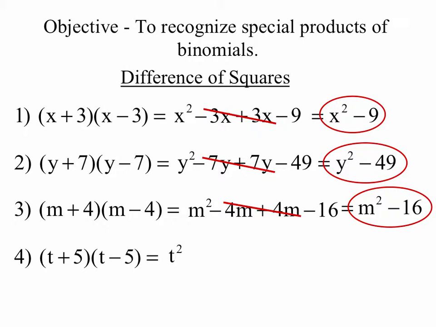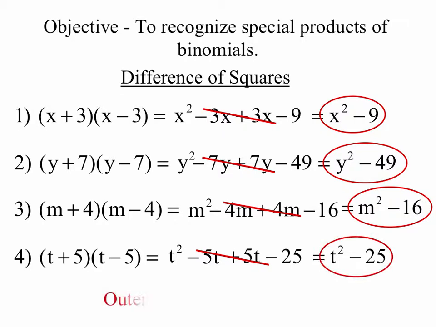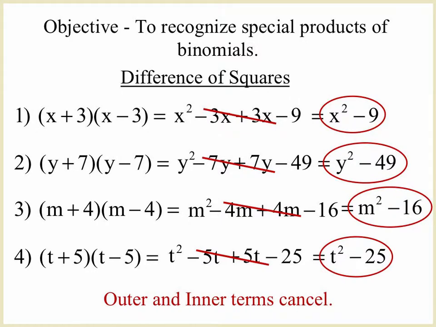T squared minus 25. So what ends up happening is my inner terms and my outer terms, x times negative 3, negative 3x, and 3 times x, 3x, end up getting canceled out because they are additive inverses.